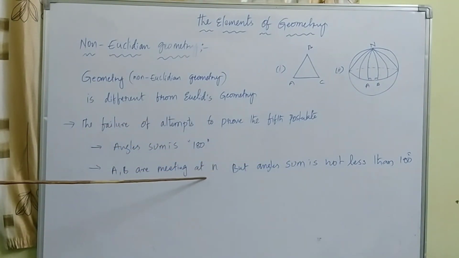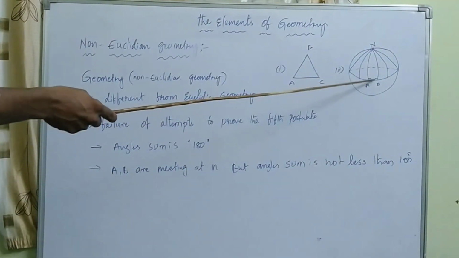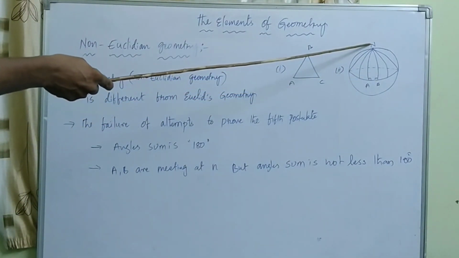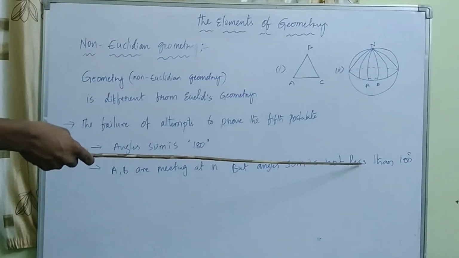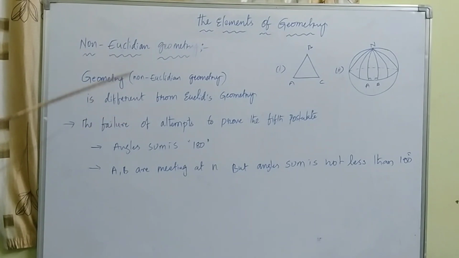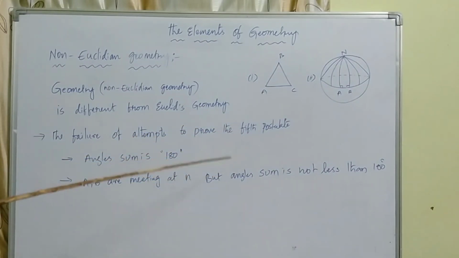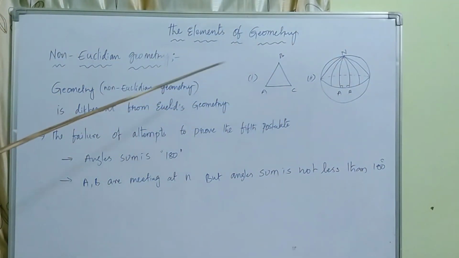This is our pure fifth postulate. How can it be possible? So these type of questions arise from non-Euclidean geometry. So the fifth postulate fails to prove the non-Euclidean geometry conditions.